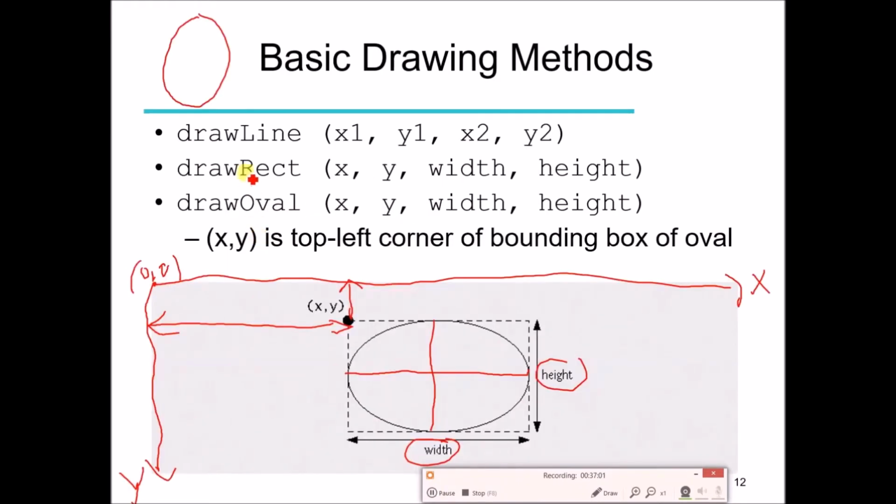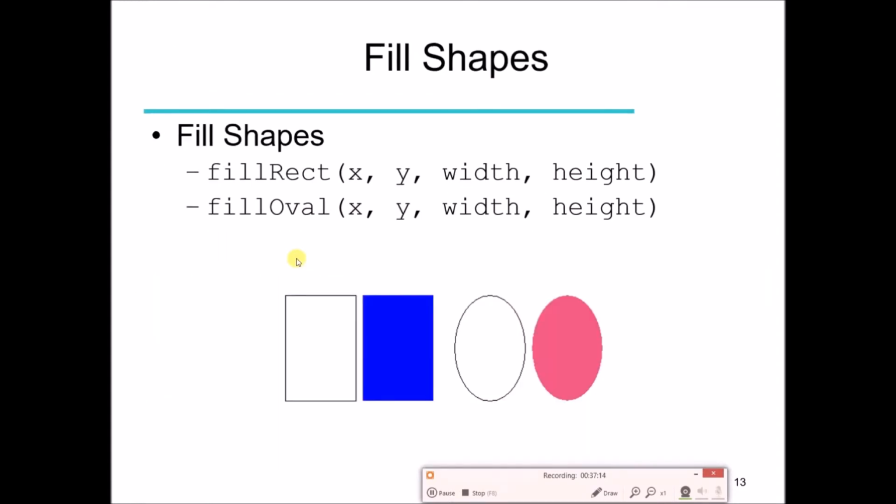Now we have these methods, drawRect and drawOval, which are going to draw the rectangle or the oval, but these shapes are not filled, so they are empty from the inside. Now if you want to draw shapes like a rectangle or oval which are filled by some color, we have to use a similar method.